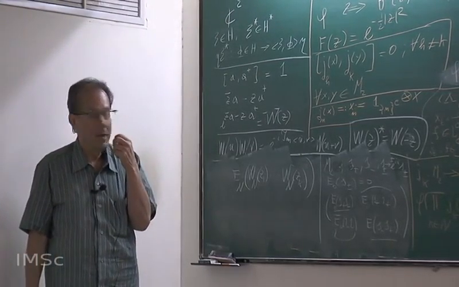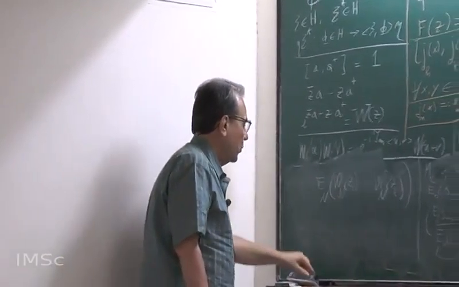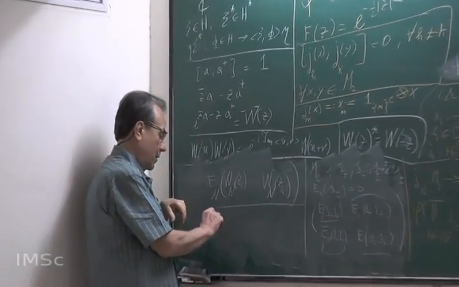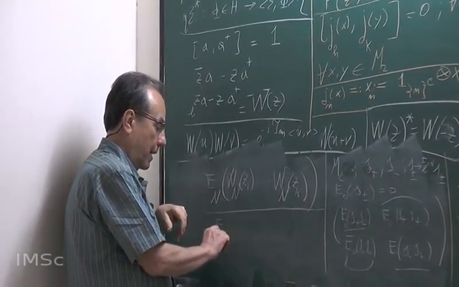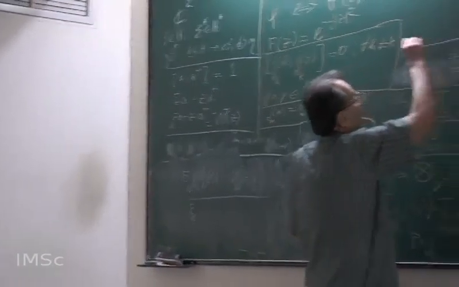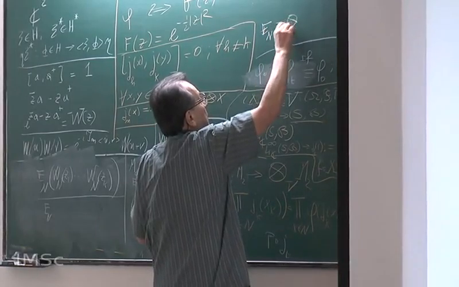You don't need to compute all k correlations, only two. In our case the correlation is trivial, because the fundamental assumption is that E_n is a product state.